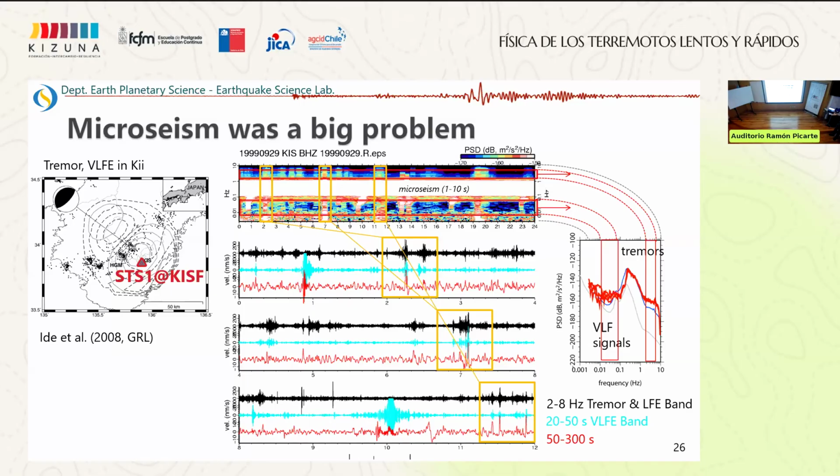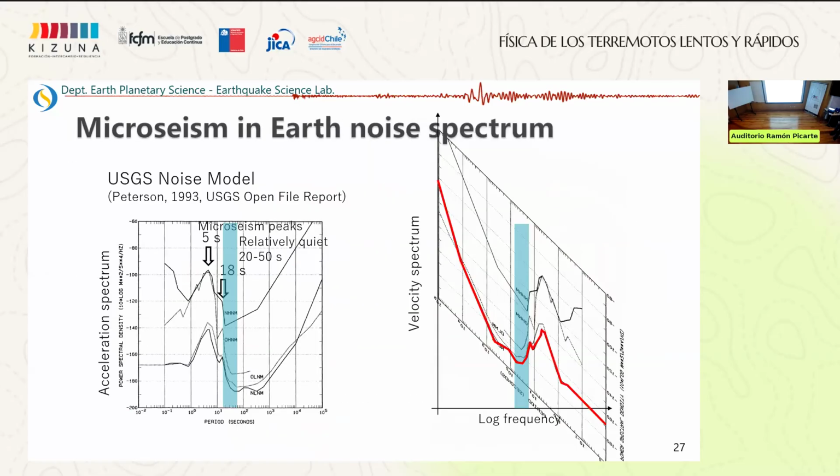This is the spectrum, frequency and amplitude. We observe very low frequency signal around here and tremor signal around here. But between these two, we have a very strong peak. This is microseism.